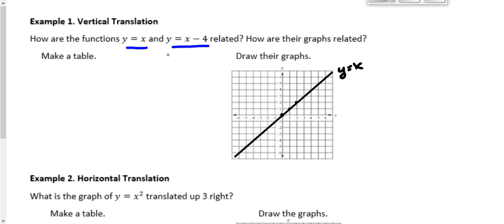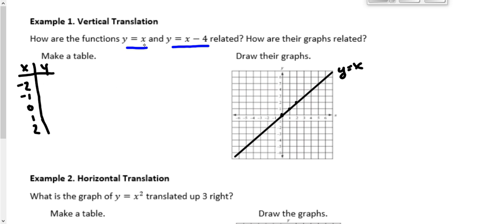Okay, so this is y equals x. If we translate that, we would have y equals x minus 4. To make a table of that, we could do it in two parts. We could say x, y, and for the first one at -2, -1, 0, 1, and 2. I'm just picking 2 points to the right of the origin, 2 points to the left.